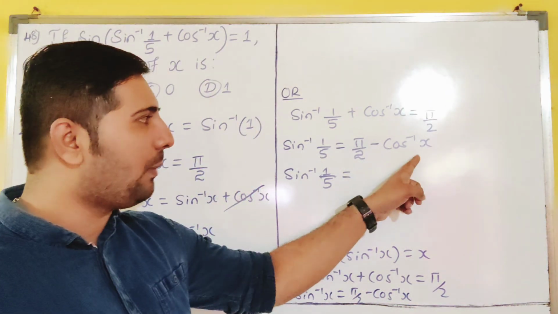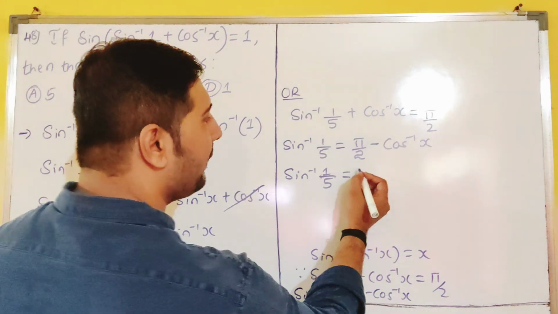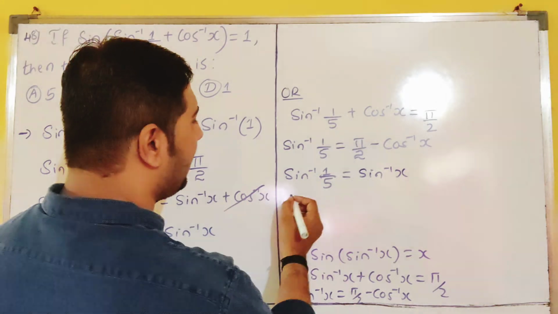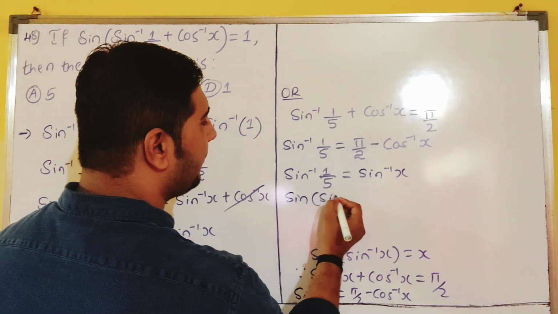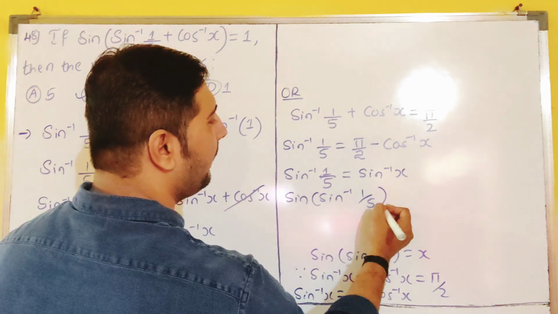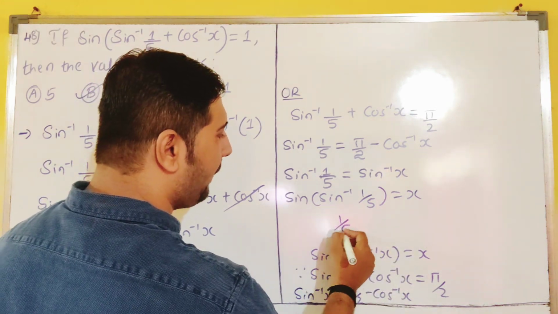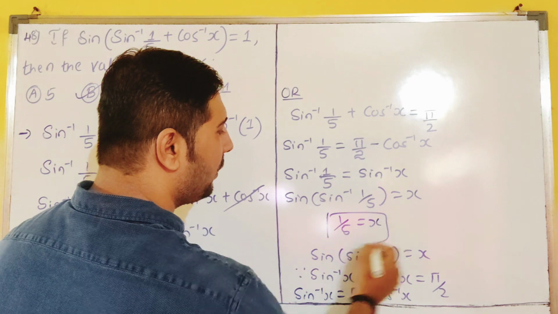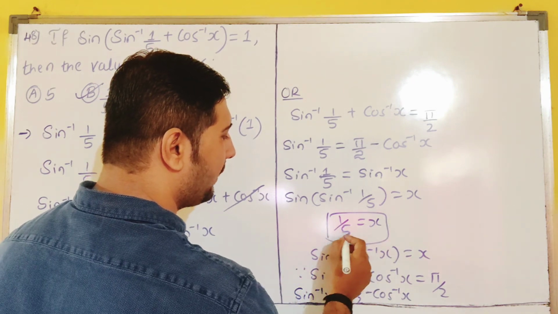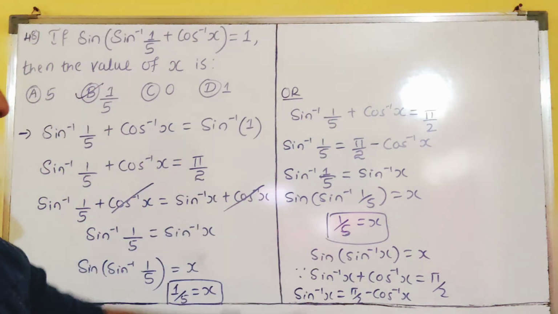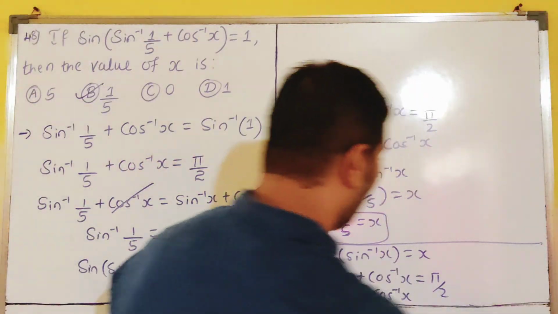Pi by 2 minus cos inverse x is sin inverse x only, no? Yes or no? So sin inverse 1 by 5 is equal to sin inverse x. Sin inverse of sin x is x only, that is 1 by 5 is equal to x. So this is also their method, dear students. Which you like, you can apply. Our answers will come both same only. These are the formulas below what I have written.